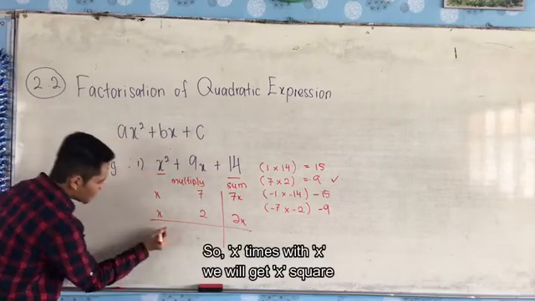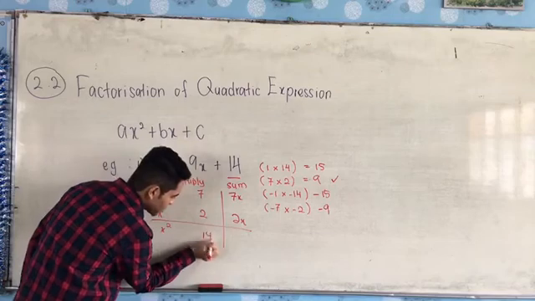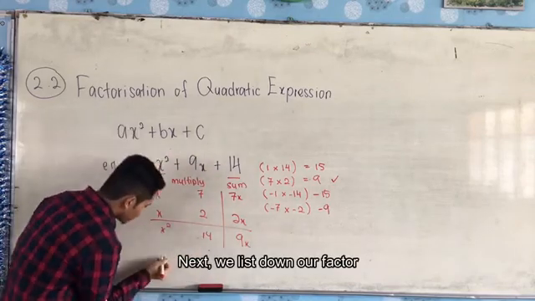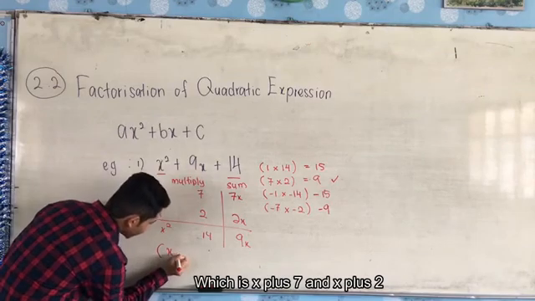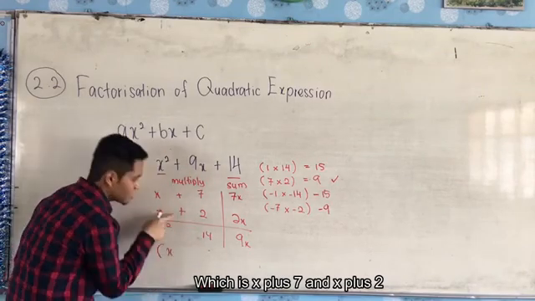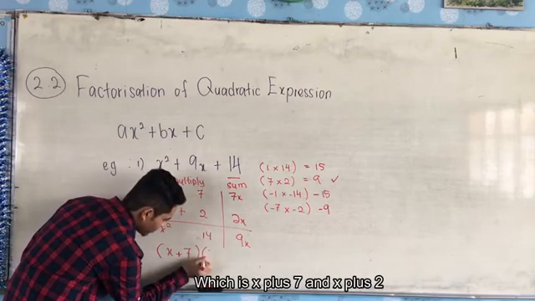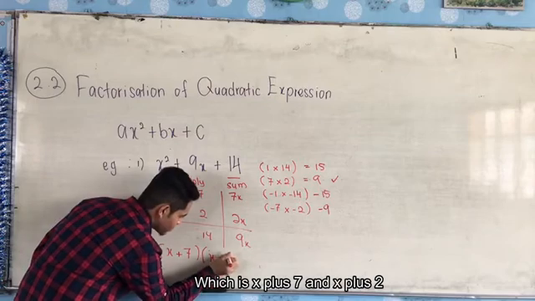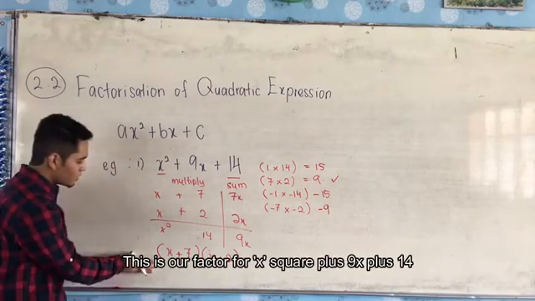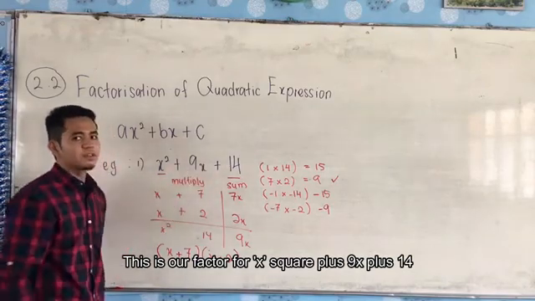So x times x, you will get x squared, 40, and 9x. Next, we list down our factors, which is x, because it's positive, so x plus positive 7, and x plus positive 2. Okay, this is our factorization for x squared plus 9x plus 40.